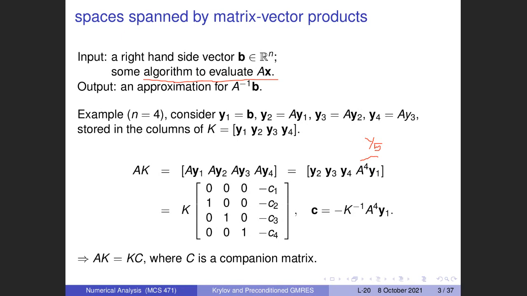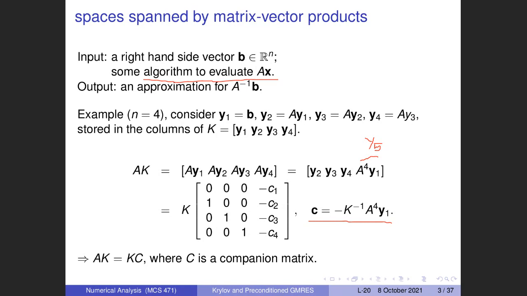But the matrix vector product is extremely useful to give an interpretation of what we are going to do. So we have a special matrix, the bold C here, which can be explicitly derived. We have the coefficients of the last vector, A to the power 4 times y1, sitting in the last column of this matrix. And we can define an explicit formula for these coefficients.